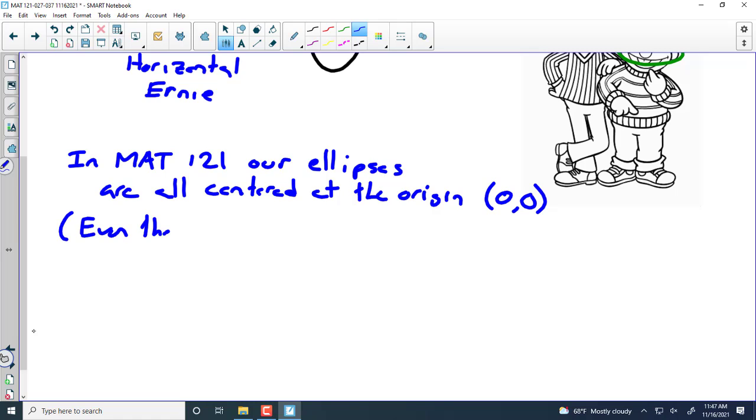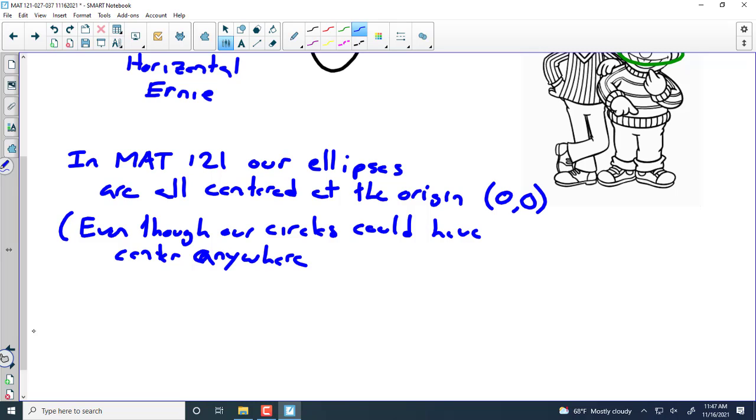Even though our circles could have the center anywhere. The circles that we spent the first half of class today doing, we could center anywhere, like we were doing. We put the center all over the place. These ellipses, these oval shapes we're going to be drawing, for this class we're always going to keep them centered at the origin.